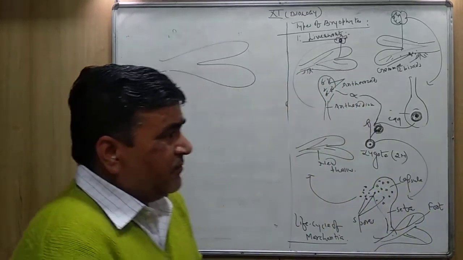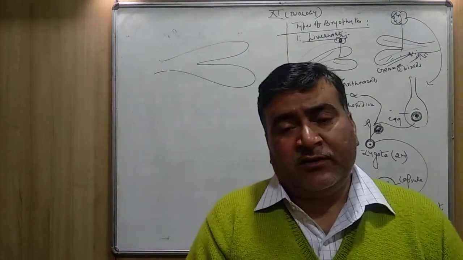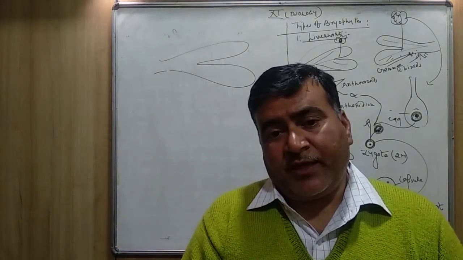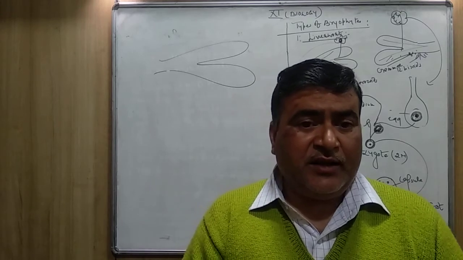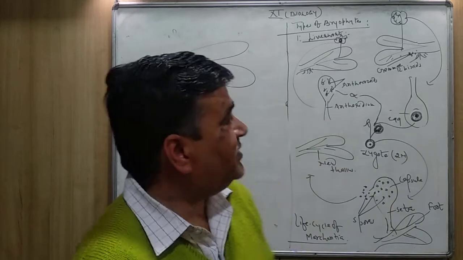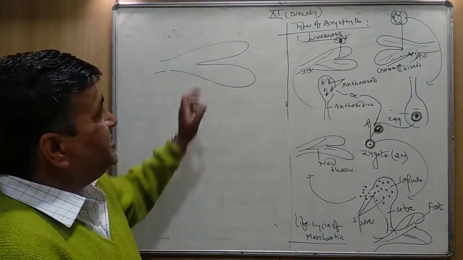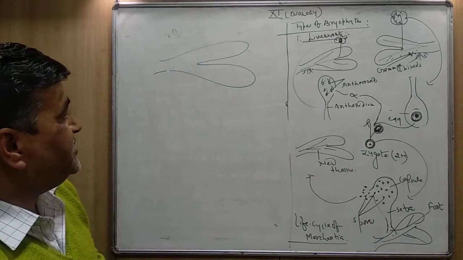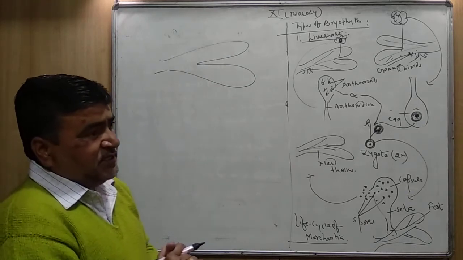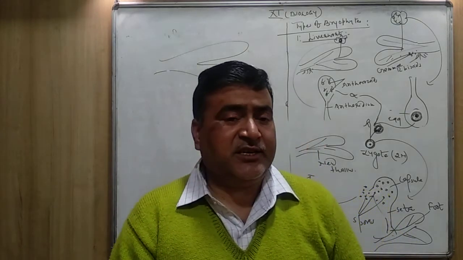Now, after the habitat, how do liverworts look from outside? As I told you, the body is thalloid in nature. It is a thalloid structure, and this thallus is dorsiventral in structure.